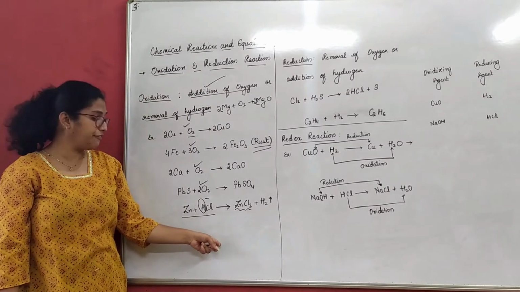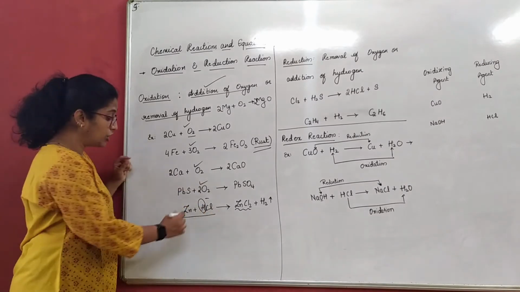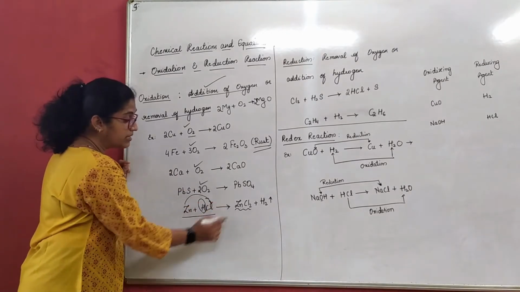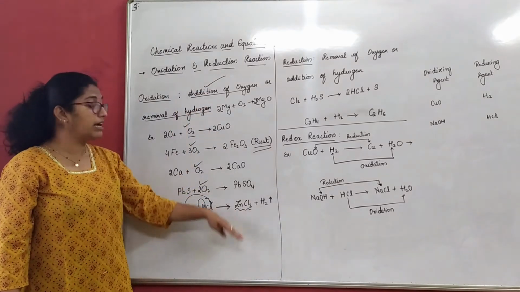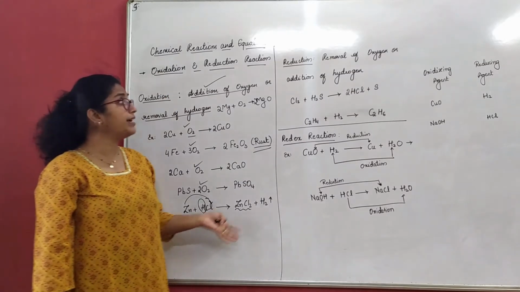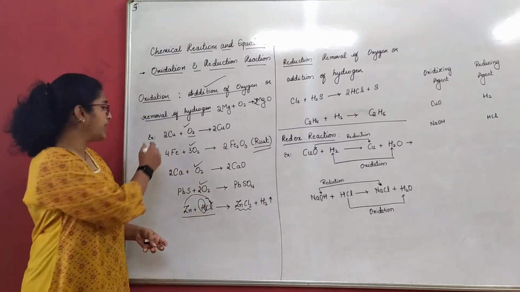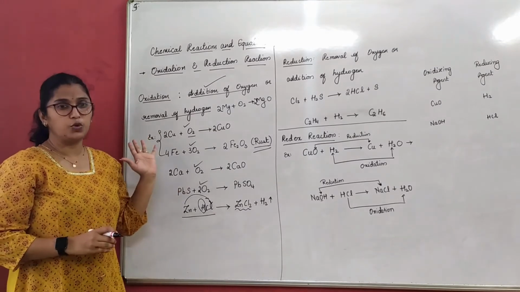Only one example I have given where I have removed hydrogen. That is why I have formed zinc chloride and hydrogen gas is liberated. These all are the examples of oxidation reaction. Right? Simple. If you remember one or two examples, that's more than enough where we add oxygen to it.